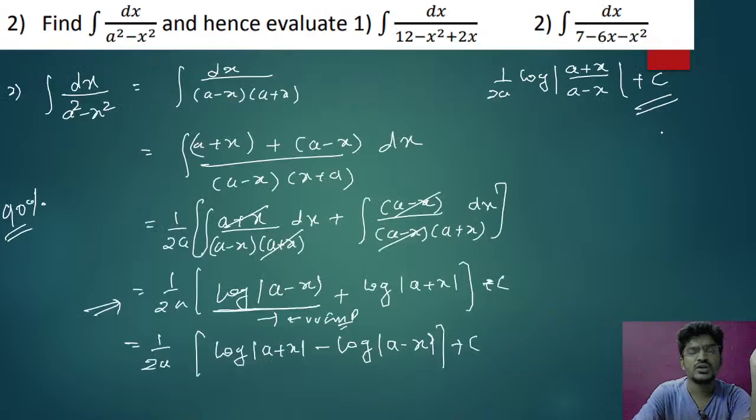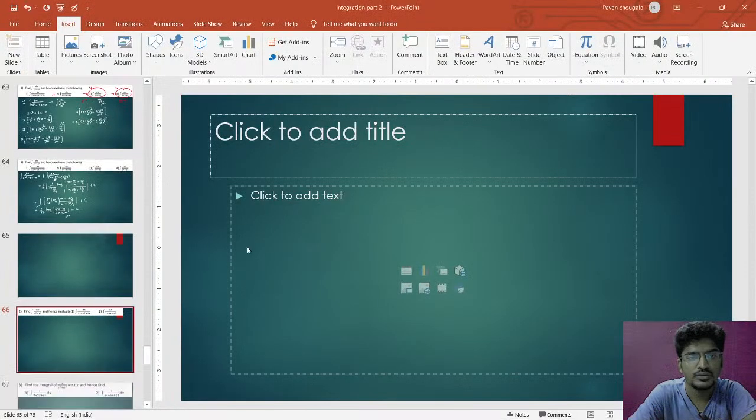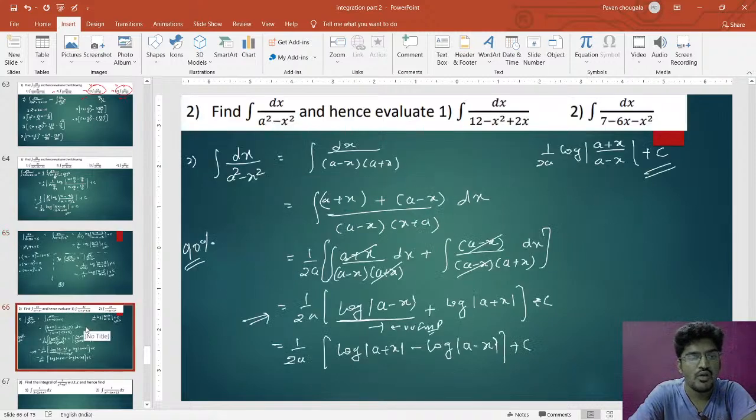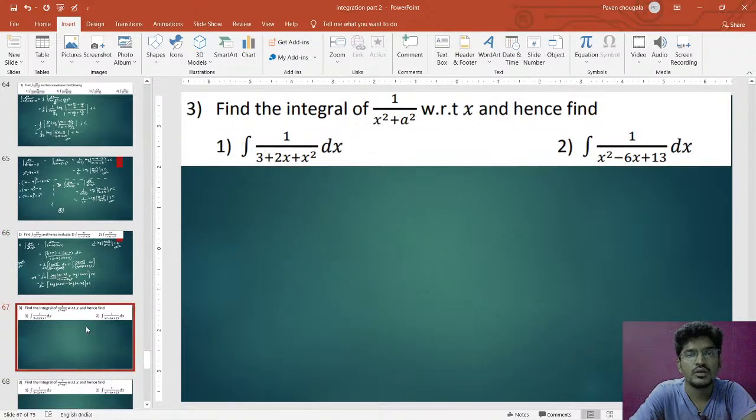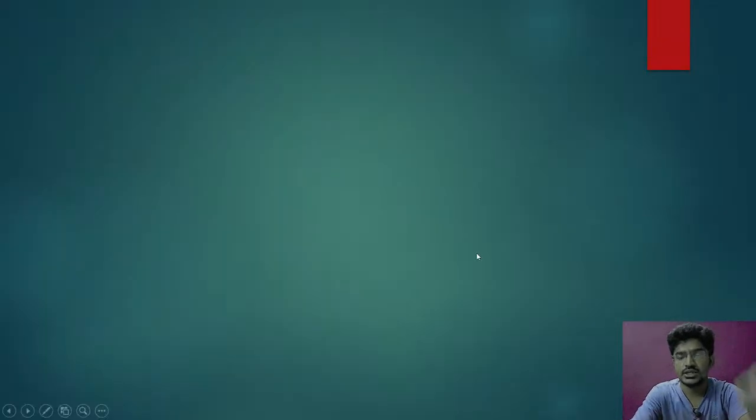What is the problem on this? That is dx divided by 12 minus x square plus 2x. Clear? So I will solve this. No problem. Okay, let us simplify it.